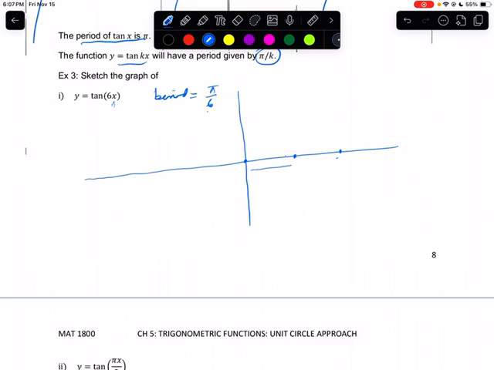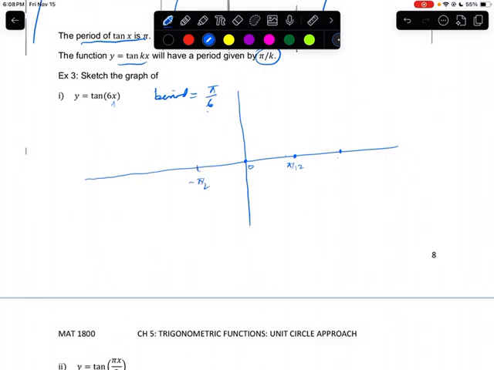The thing is, this will be half of pi over 6. So half of pi over 6 means pi over 12. So there will be negative pi over 12.